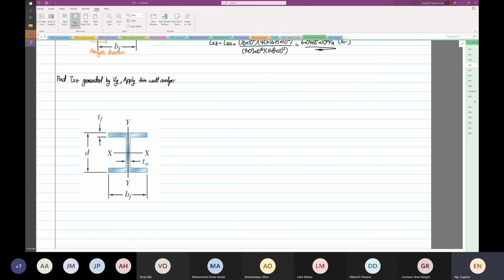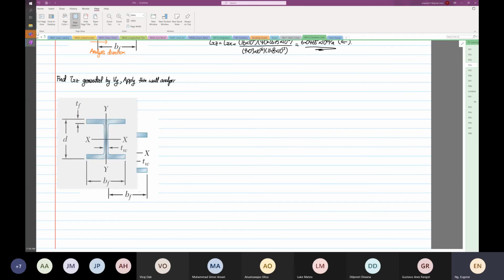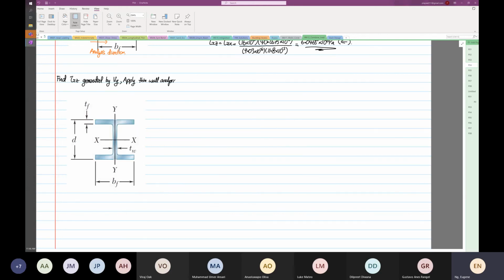So when we start to apply thin wall analysis, this is where the issue comes down. So now it is V in the Y direction. We know that this is X, and this is Y. So now we know Vy is going to come down from here.